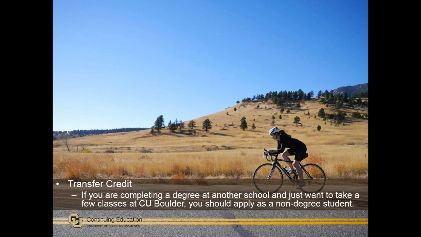Generally speaking, it's better to apply as a non-degree student to take courses just to transfer them back to your home university. And as you're looking at this process, it's certainly one where you need to be in contact with your home university to find out what their transfer credit policy is like, and then we can help you look at the CU Boulder side of things and what it means to take courses as a non-degree student and help you transfer those courses back.